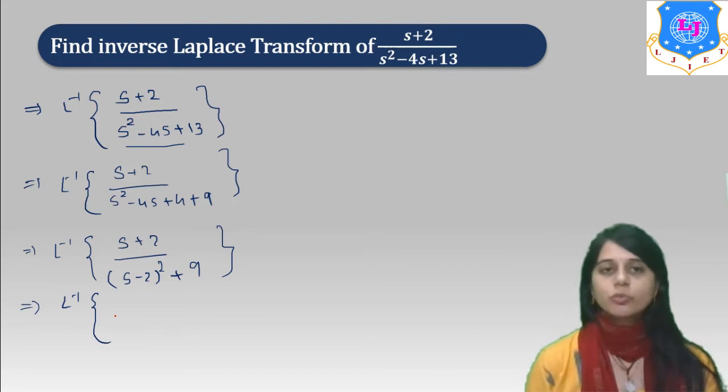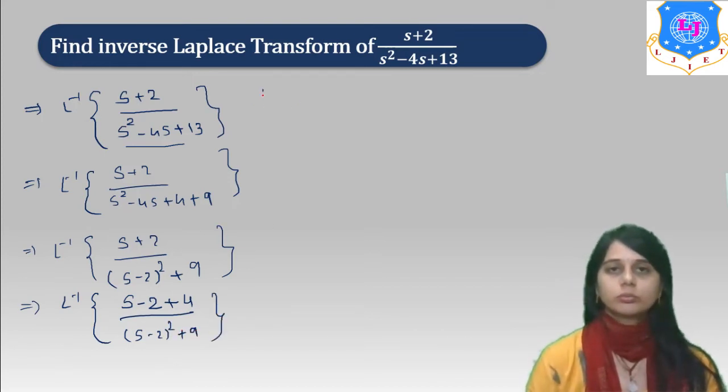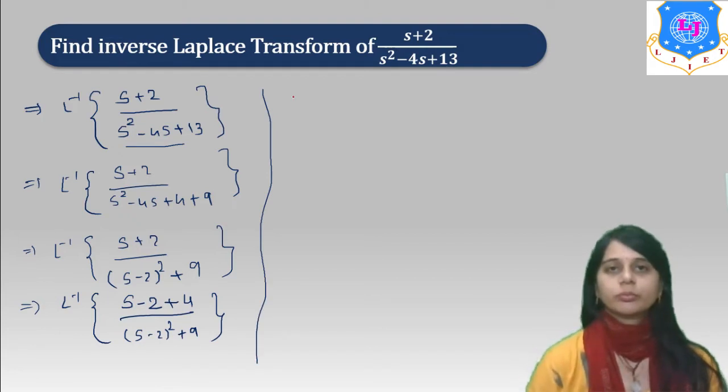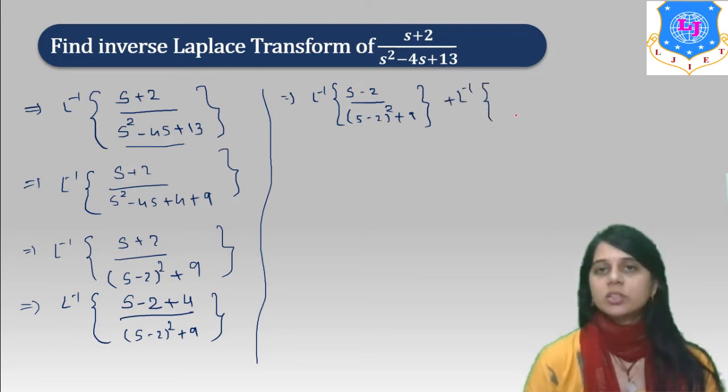We have s minus 2, so we set this formation in numerator. S minus 2 plus 4 upon s minus 2 whole square plus 9. Okay, so Laplace inverse of s minus 2 upon s minus 2 whole square plus 9 plus Laplace inverse of 4 upon s minus 2 whole square plus 9.